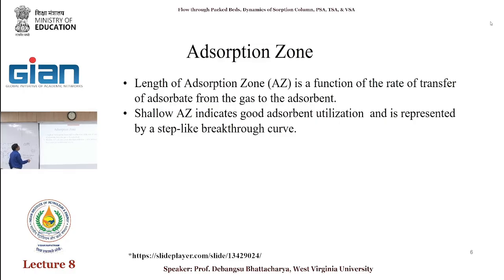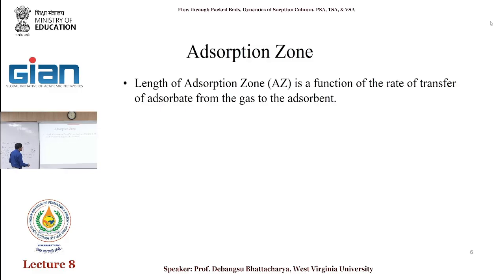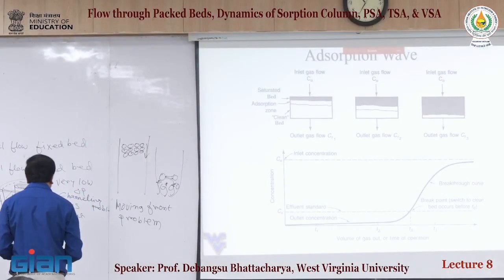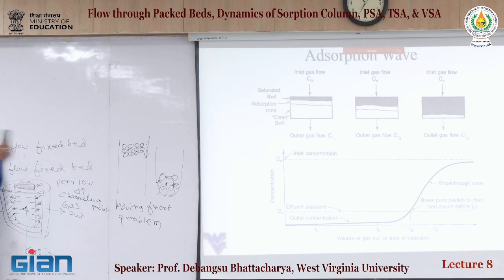If you have a shallow adsorption zone, that indicates that we have gotten good utilization, and it will give you a step-like breakthrough curve. So if you're looking into this, you really do not want this S-type breakthrough curve.